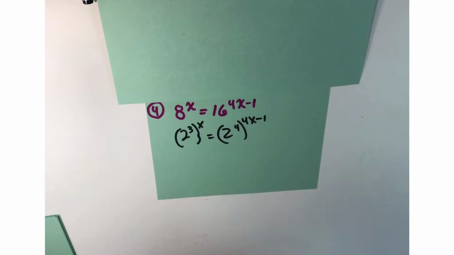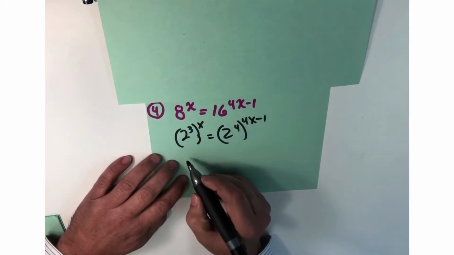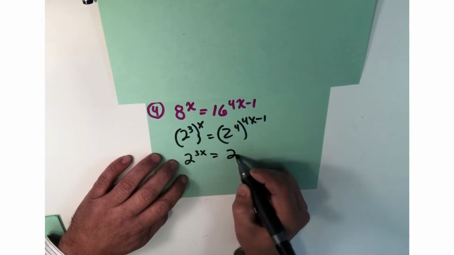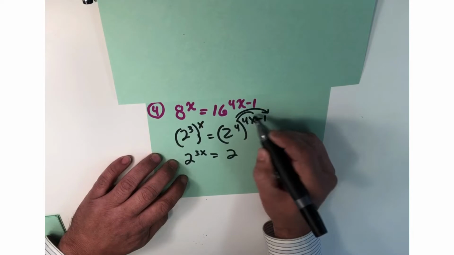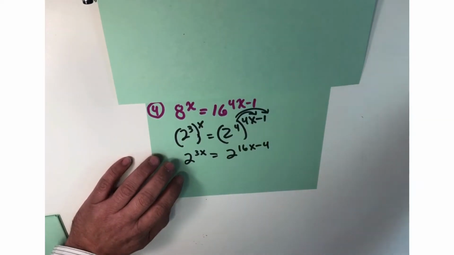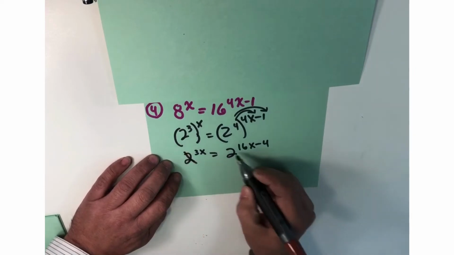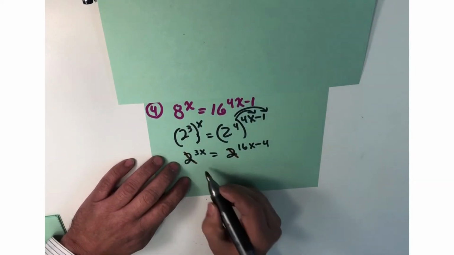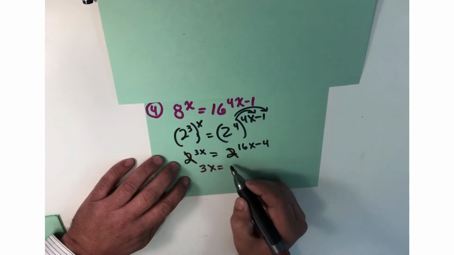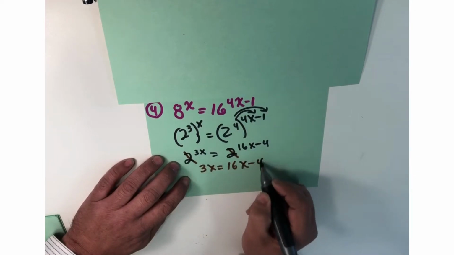And so now, if you take a look at these two, I'm going to use the power rule, which says thou shalt multiply. So this is 2 to the 3x is equal to 2 to the 16x minus 4 when you distribute. Now that I have my common bases, I can set this equation up and say, let's see, 3x is equal to 16x minus 4.